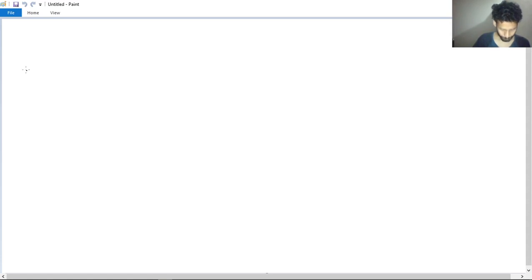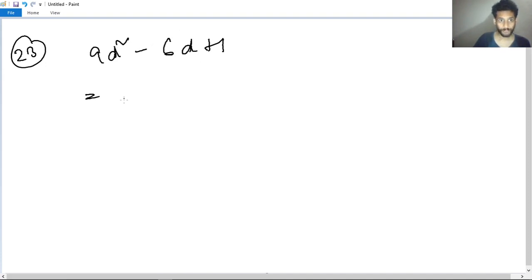Question 23. Now this part is important. 9d square minus 6d plus 1. So here this one can be broken down into a whole square.